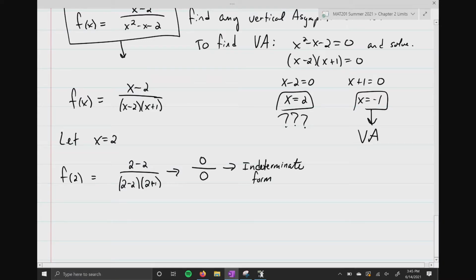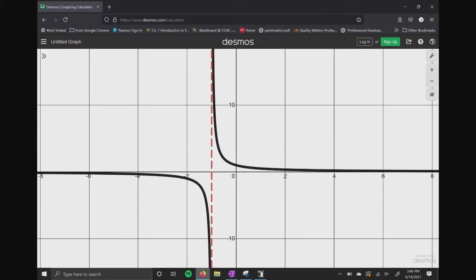Okay? That's called an indeterminate form. Now, if we go back and look at the graph of our function, I'm going to let my mouse go over to x equals 2, which is going to be right about here. Oh, I'm close. Let's see if I can get a little bit closer.